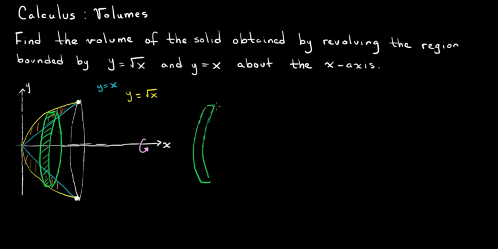Now, in previous videos, what we would do is just find the volume of this cylinder, and then accumulate infinitely many cylinders, and that would give us the volume of our figure here. The problem with this figure is that it's hollow.